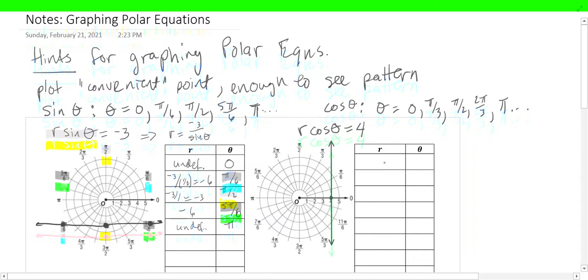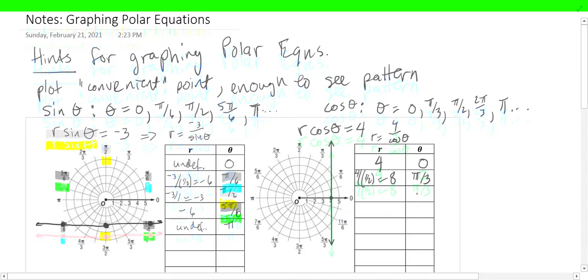If we come over here, this is going to be r is equal to 4 divided by cosine of theta. And we start at 0. Well, cosine of 0 is 1. So this is going to be 4. If we go to pi over 3, because it's convenient for cosine, then this is going to be 4 divided by 1/2. 4 divided by 1/2 equals 8.